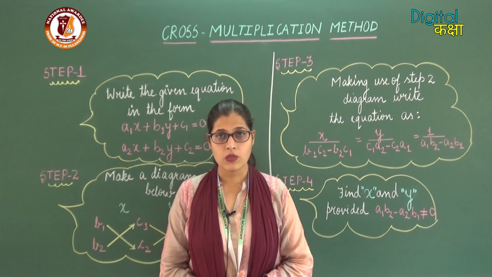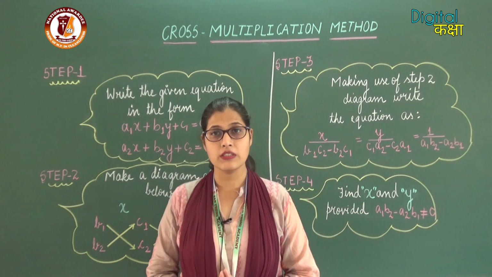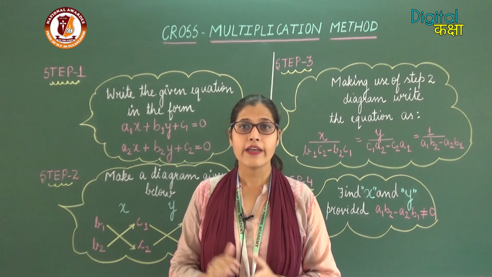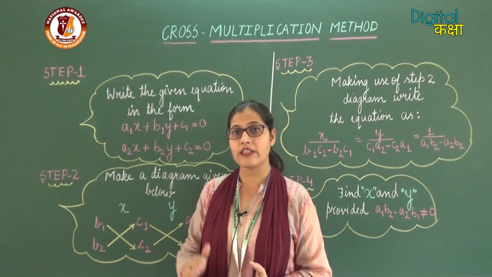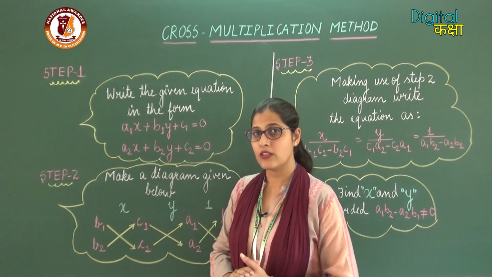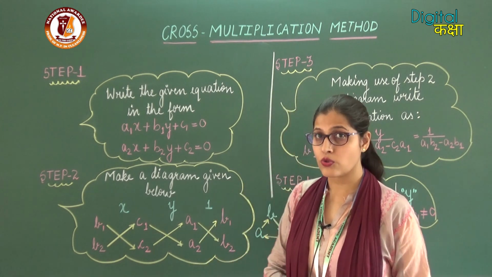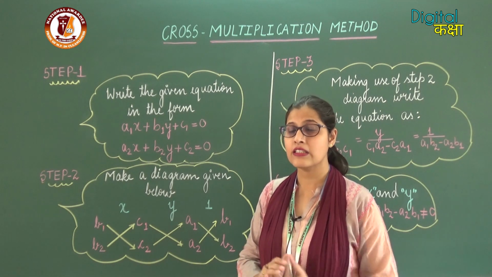This means that whenever a question is given to you, you have to convert the given equations into the standard form. If in the given equation the constant is written on the right hand side, then you have to shift it to the left hand side to convert it into the standard form of writing the pair of linear equations.